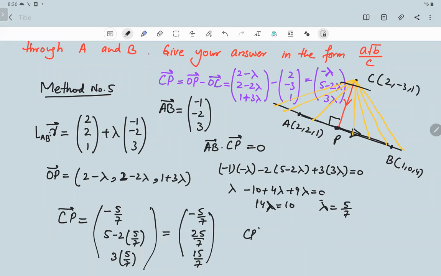And the magnitude of CP is the square root of minus 5 by 7 whole square plus 25 over 7 whole square plus 15 by 7 whole square.